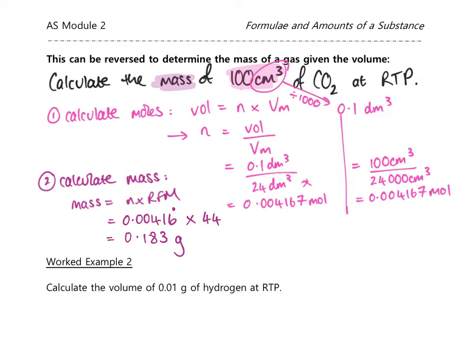So this time round, again, we can convert from volume to mass by using two equations. Our molar gas volume equation, just rearranged to number of moles equals volume over molar gas volume, and then mass equals N times RFM, using the number of moles from step number one. But again, just be really careful about your units with that as well.